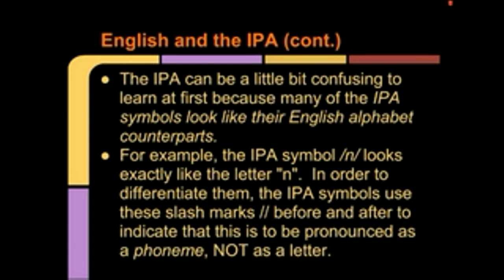For example, the IPA symbol N looks exactly like the letter N. In order to differentiate them, the IPA symbols use these slash marks before and after to indicate that this is to be pronounced as a phoneme, not as a letter.